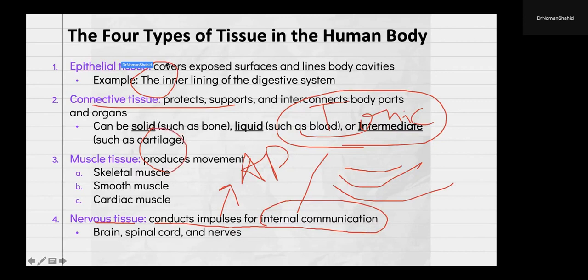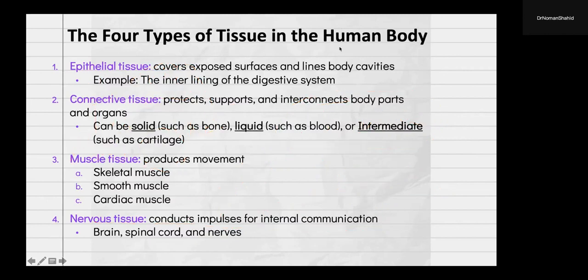If it is more here and less here, the gradient is from the upper surface towards the lower surface. And if sodium is more here and less there, the gradient is from lower to upper. So gradient means the difference of something across some membrane. In nervous tissue there are potential gradients, chemical gradients, electrical gradients, and pressure gradients. There are a lot of gradients, right?